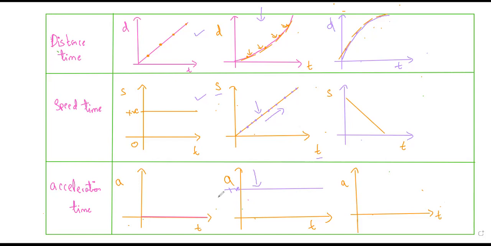Very well done. Yes, excellent. It would be somewhere here, right? Because again, the acceleration or deceleration, whatever you want to call it, is negative and it is constant. So the value would be the same, but it would be negative. So that is why this is what we're going to have. Very good.